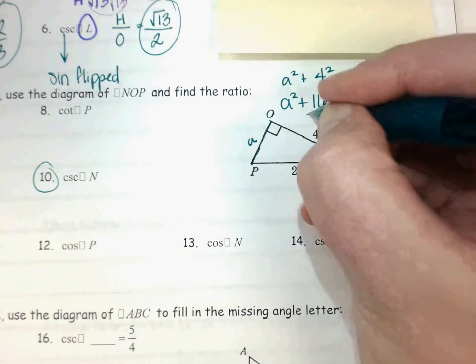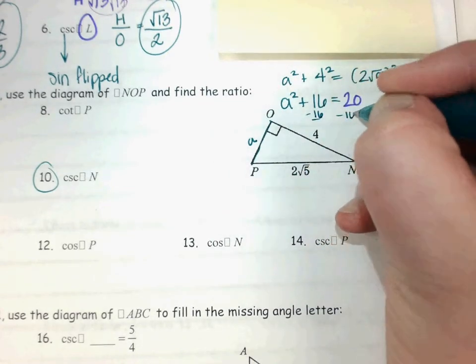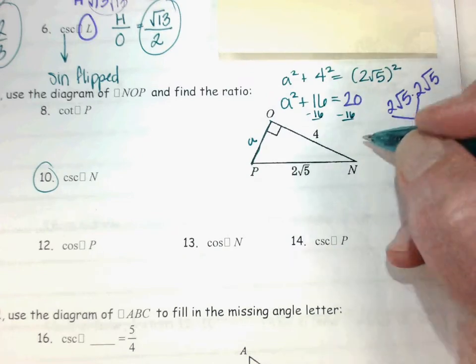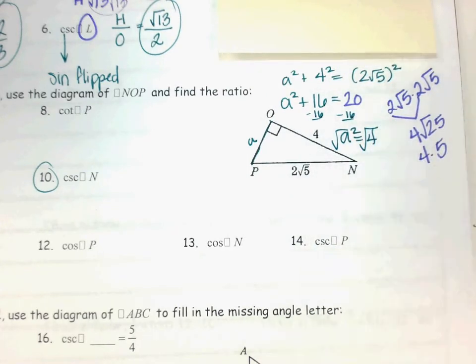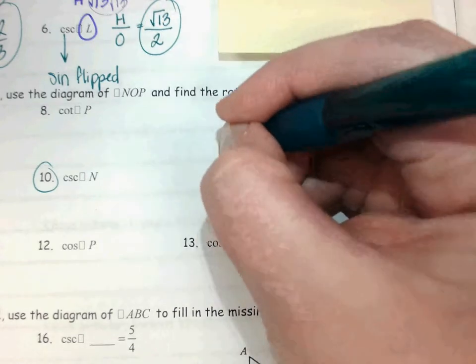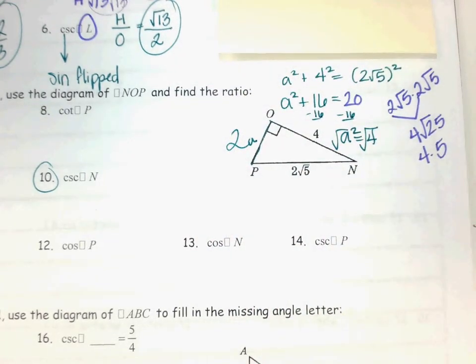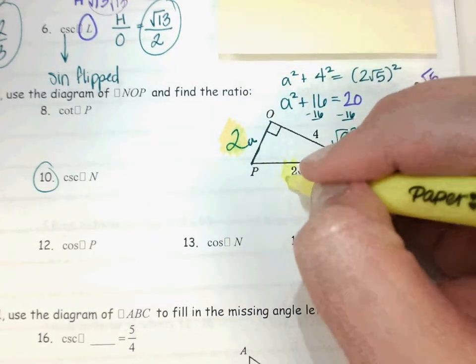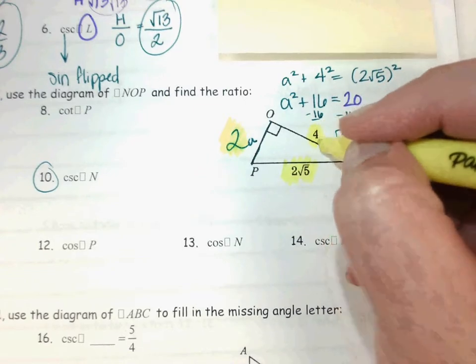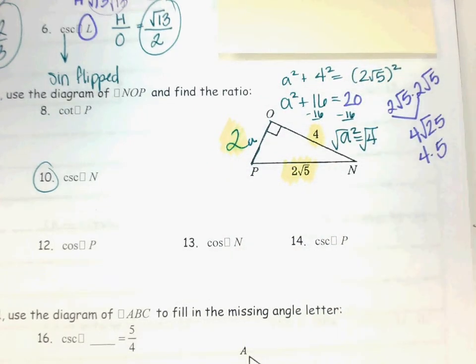What is a squared going to equal? A squared equals 4. Then what is a? Square root both sides. So this side is 2. So now I know all of my side lengths. This side is 2. This side is 2 root 5. This side is 4.